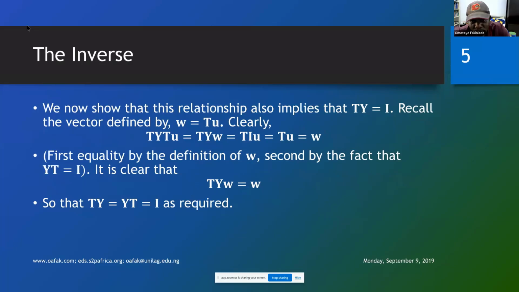So far, we do not know whether YT and TY are the same, but we will now prove they are the same. To prove they are the same, first of all, you can see that initially we don't know them to be the same.